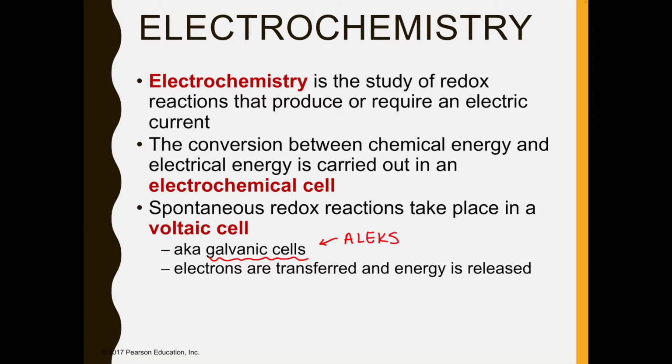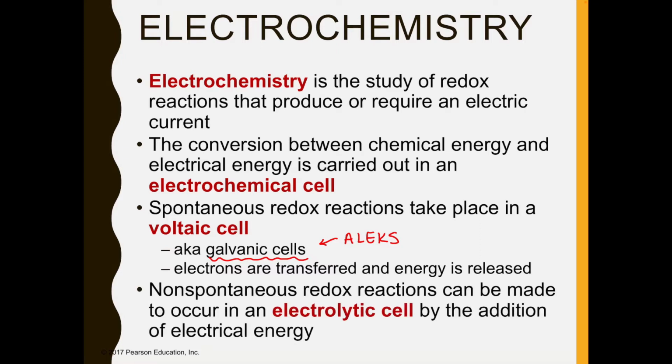So just as a heads up, when you see galvanic cells, that's going to be the same thing as a voltaic cell. They both mean you're having a spontaneous redox reaction, and in these spontaneous redox reactions, electrons are being transferred and energy is being released. If we have a non-spontaneous redox reaction, we can make it occur, but we have to input energy, rather than in a voltaic cell, where we are getting out energy. In an electrolytic cell, we have to input energy to cause this non-spontaneous reaction to occur.